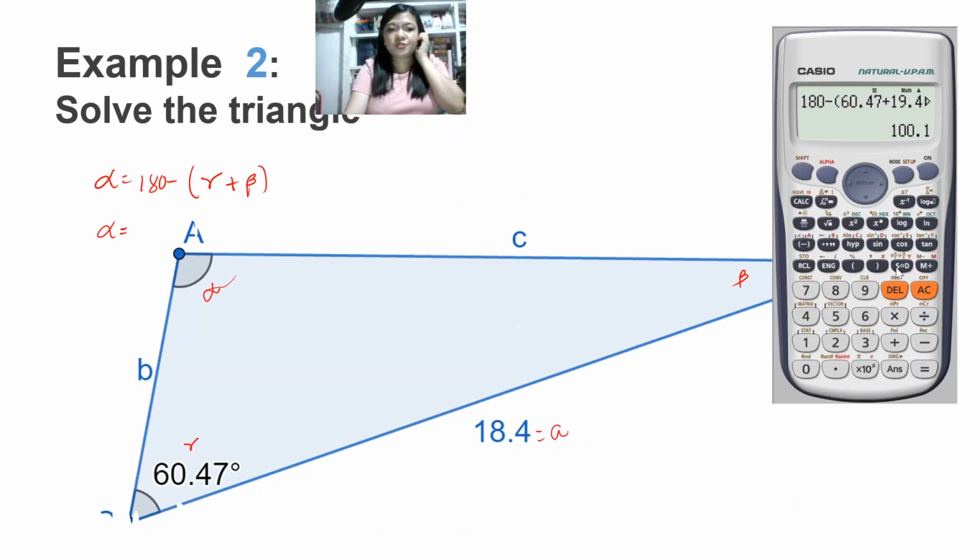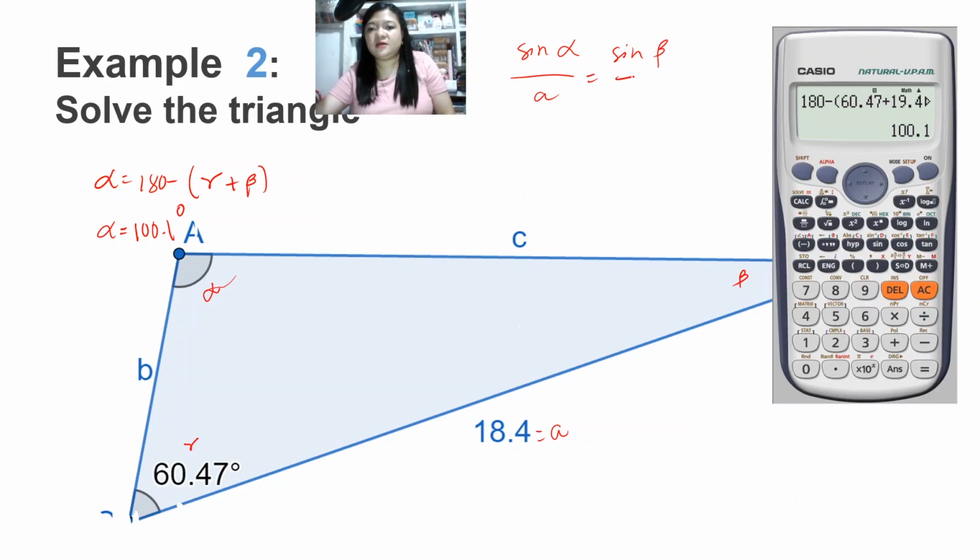So the measure of alpha is 100.1. Now we can use the ratios to get the length of B and C. So, sine alpha over A is equal to sine beta over B and equal to sine gamma over C.